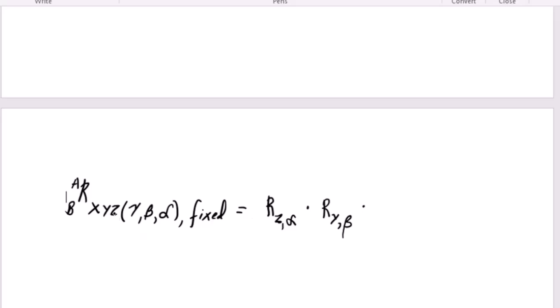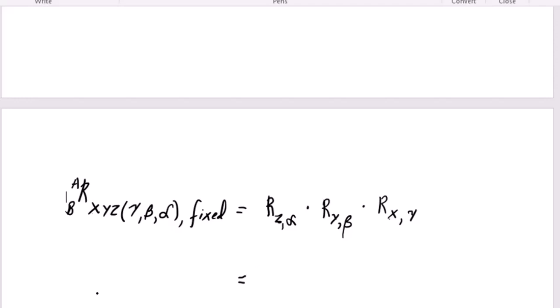Times the last, the first will be the last. So X, R, X, and this is gamma. Don't forget, if you deal in fixed, the first will be the last in the matrix multiplication. And the last will be the first.